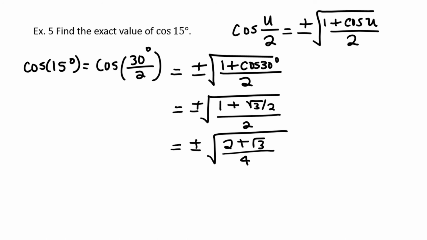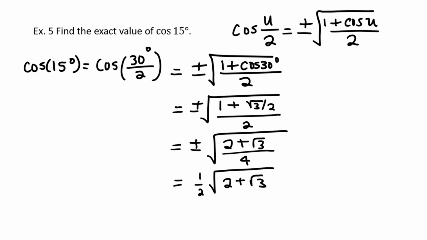So we simplify it one more time, and we're going to have this as 2 plus the square root of 3, and the 4 in the denominator, we can take it out of the square root and write it as 1/2.